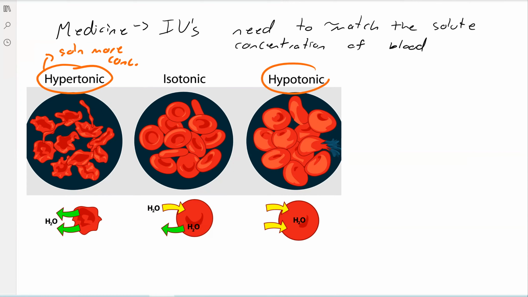In a hypotonic solution, our solution is less salty or less concentrated. And again, the solution that we're talking about here is the solution that the blood cells are going into.